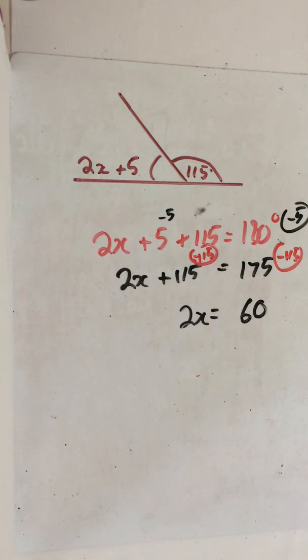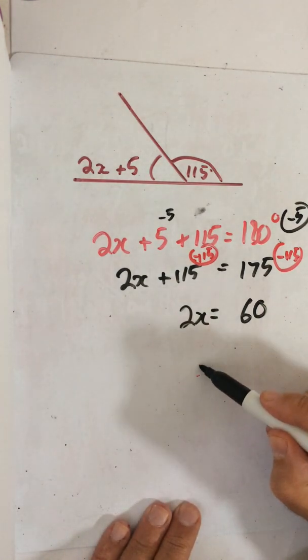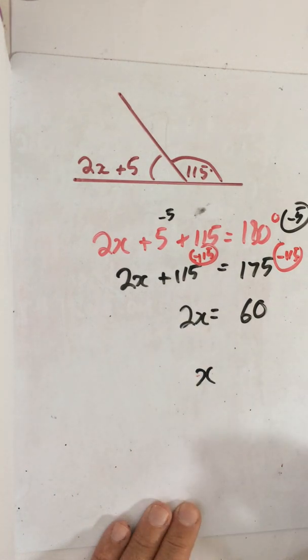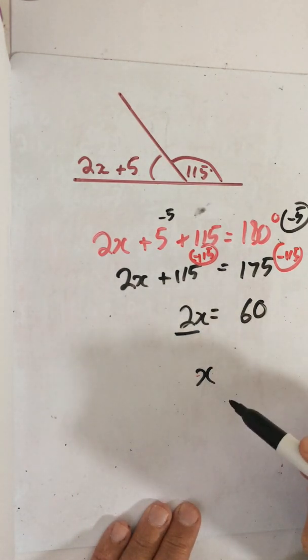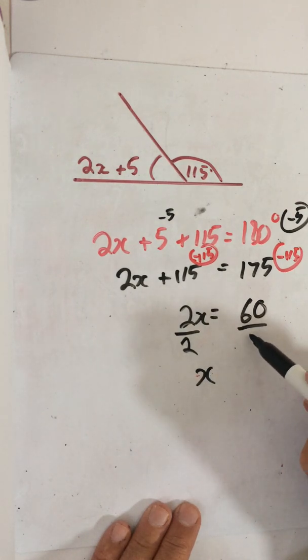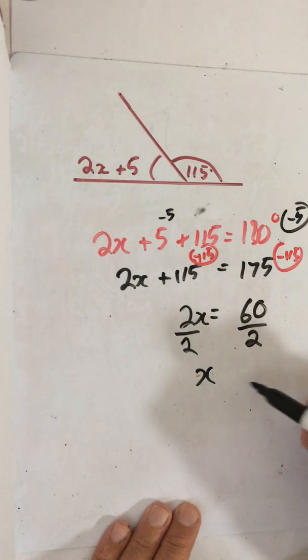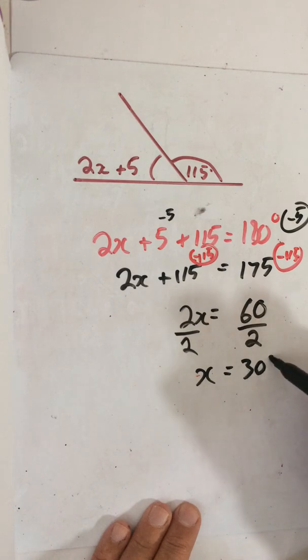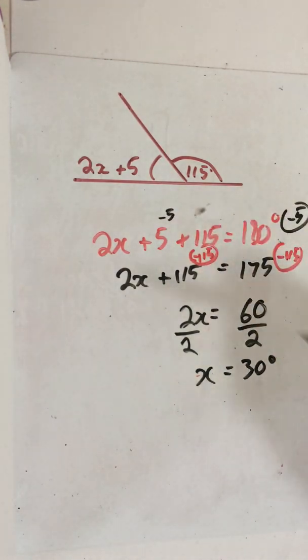So I'm left with 2x is equal to 60. Now, I want to be left with just x, don't I? So I'm going to divide this side by 2 to leave me with x, because it's the balancing method. I divide that by 2 as well. X equals 30 degrees. So that's how we do that.